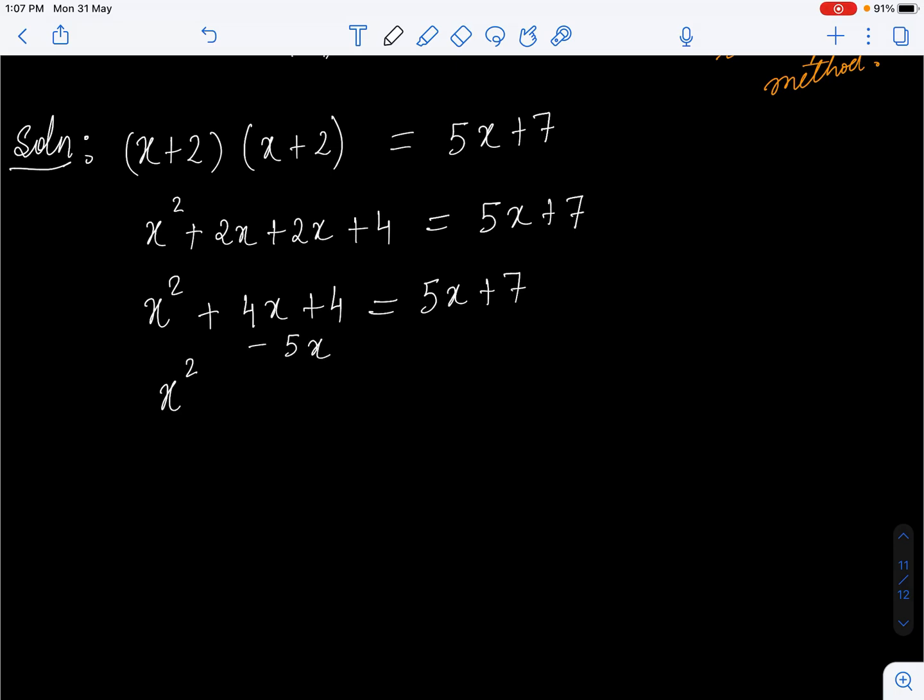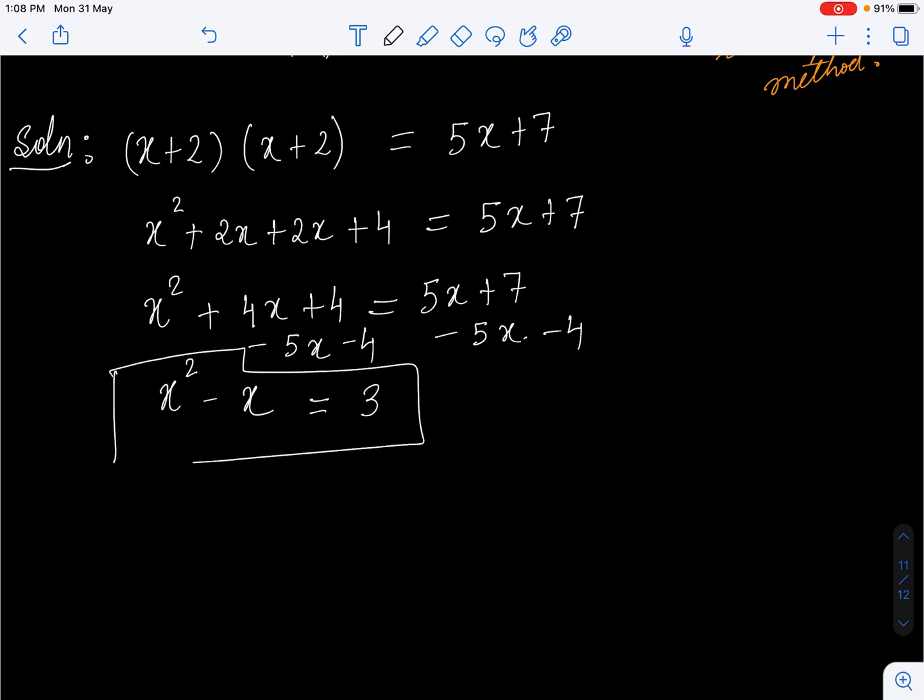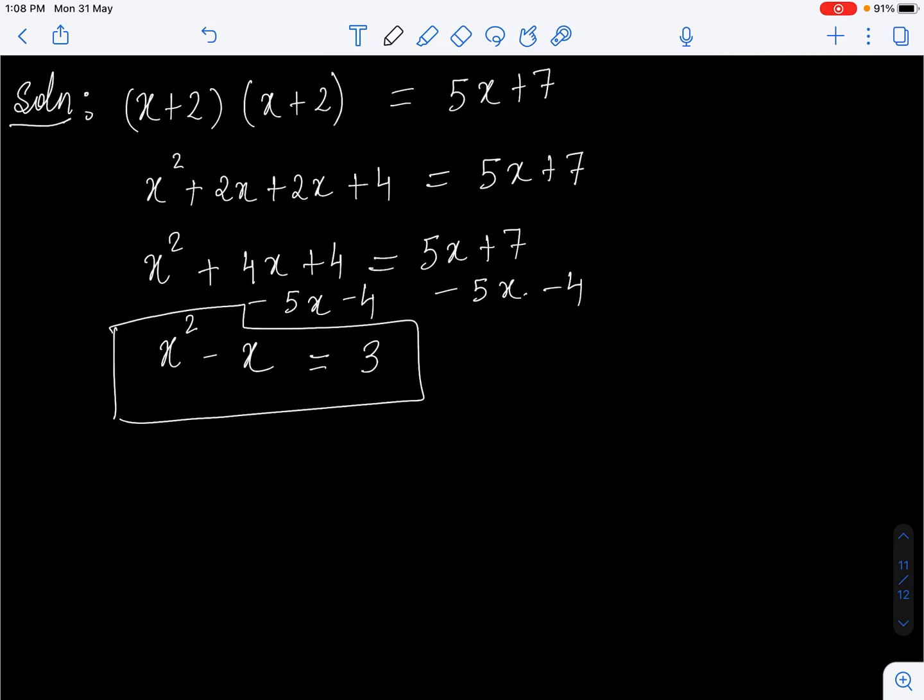So what you will get is x square minus x, and we need constants on the right side, so I will subtract 4 from both sides also. So I will get x square minus x equals 3. So the final equation I am getting is x square minus x equals 3.